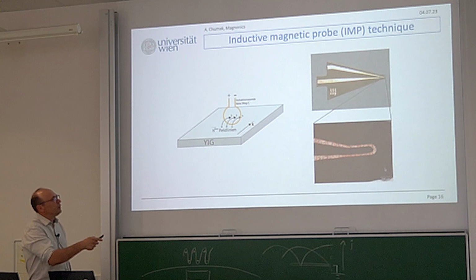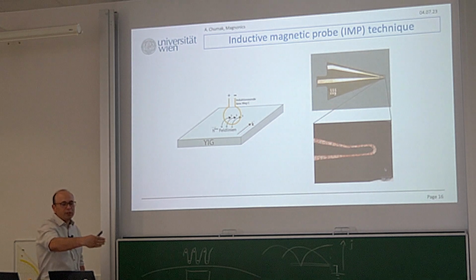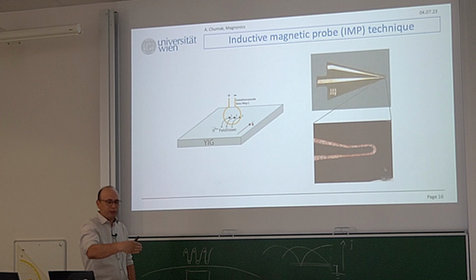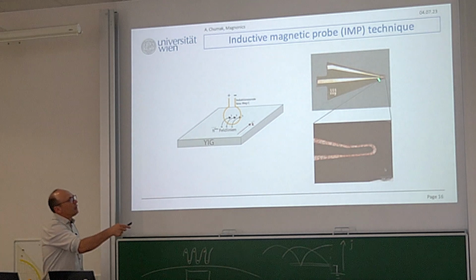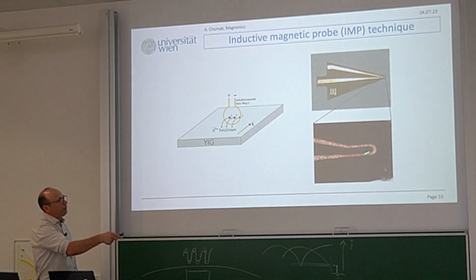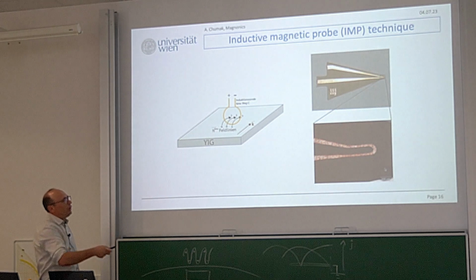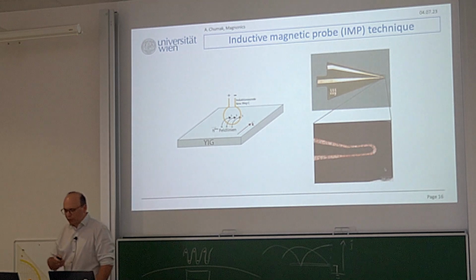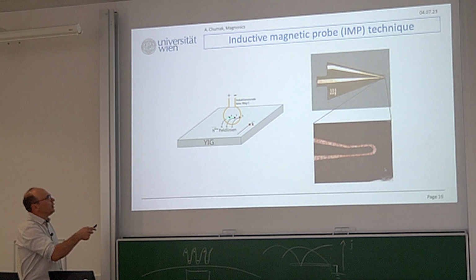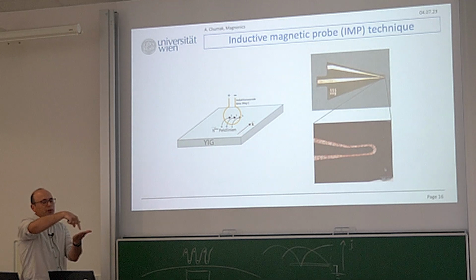So what you do, instead of a second antenna which is constant, where you measure only at one position and everything across the waveguide width, you can create such a small loop. For example, this was just a macro structure, but you can do it in many different ways. And then you just change the position of this loop on your waveguide.